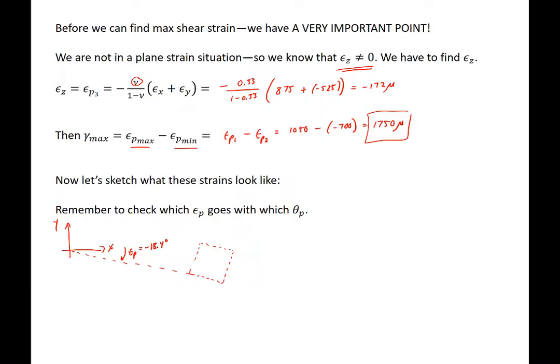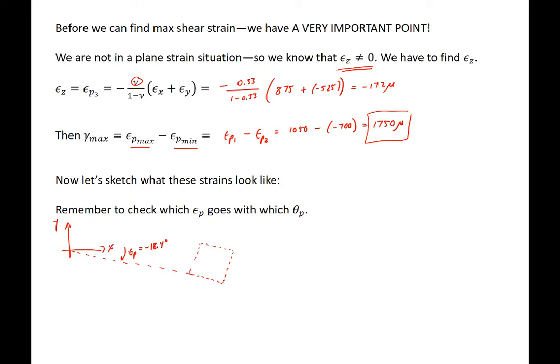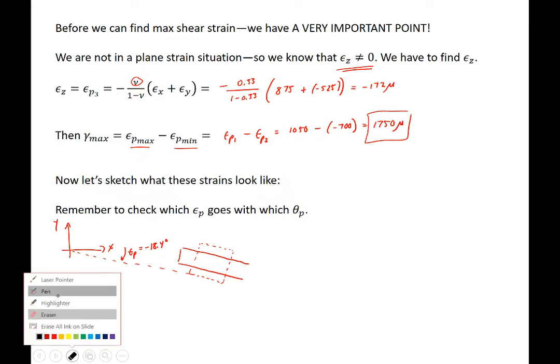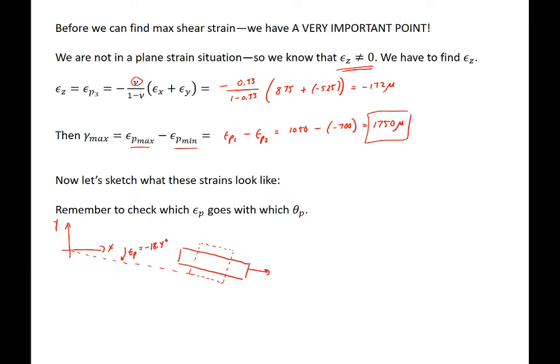Then we have a positive strain in one direction and a negative strain in the other direction. Basically a tensile strain in this direction and a compressive strain in this direction. So epsilon p1 is 1050 microstrain. Epsilon p2 is minus 700 microstrain.